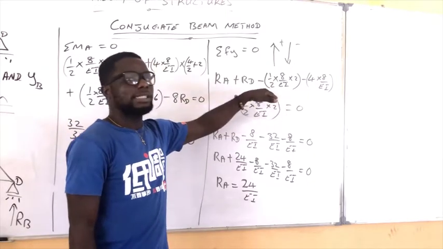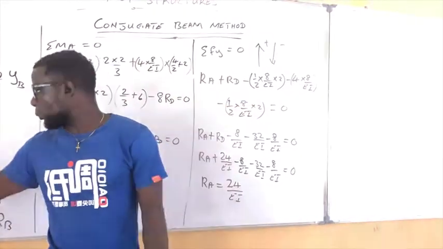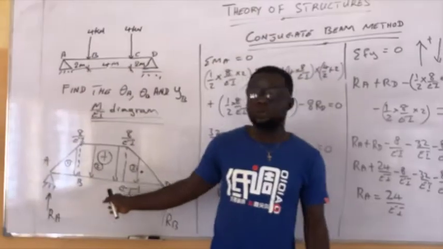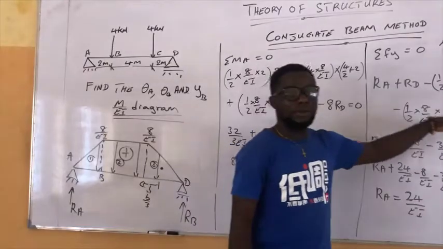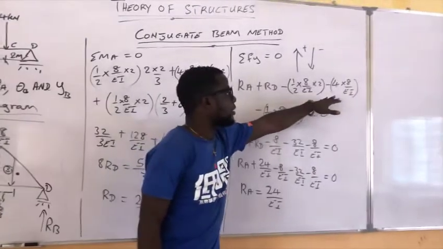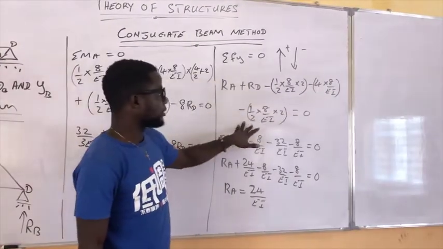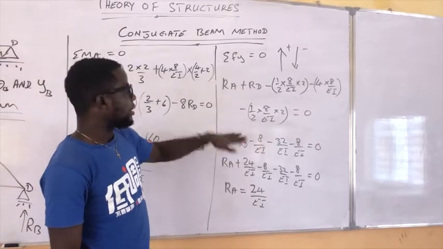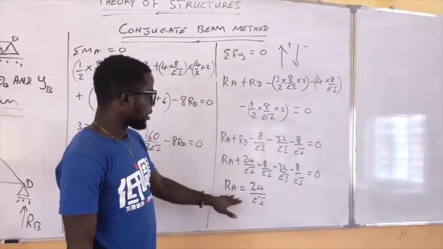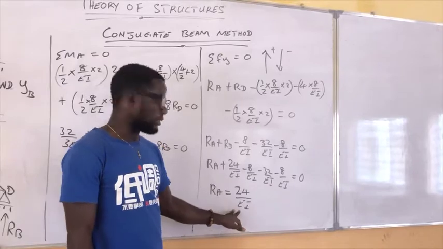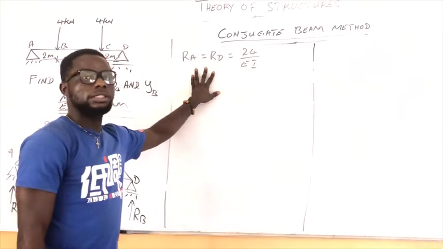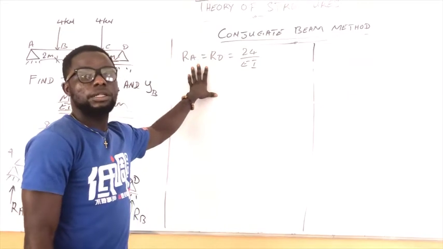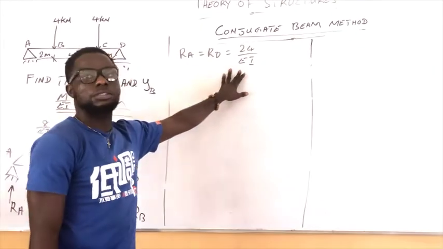Then the load intensities of the area we have in this diagram, which is the shape 1, shape 2, and shape 3, which is the area. When we evaluate this, we have this. Then, if you simplify all this, you arrive that your RA is equals to this. From what we calculated, we obtained that RA and RB is equals to this.